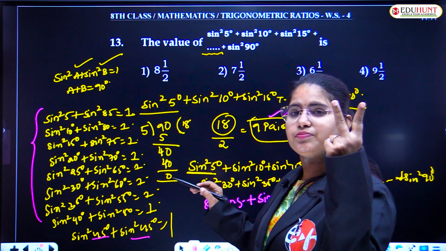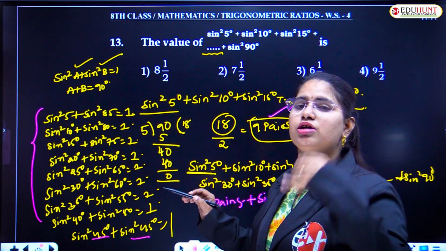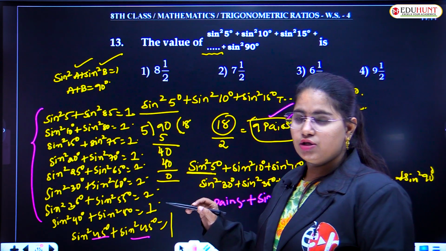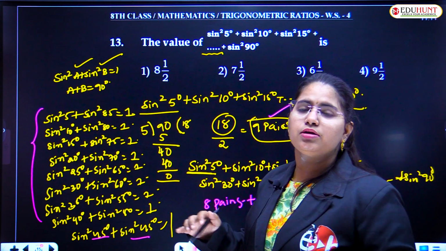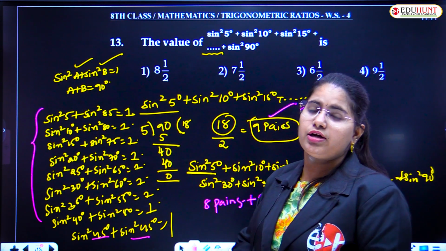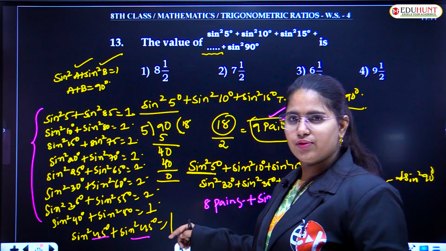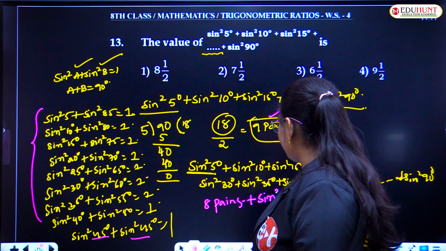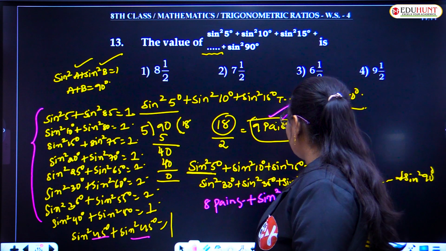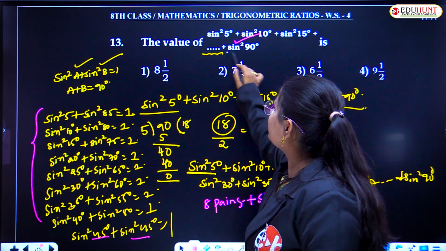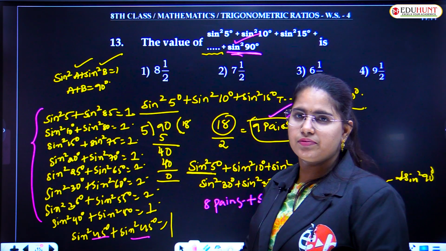What are the 2 terms in the leftover pair? 8 pairs is clear for you. One element is sine square 45 degree and the other one is sine square 90. This I have not taken here.